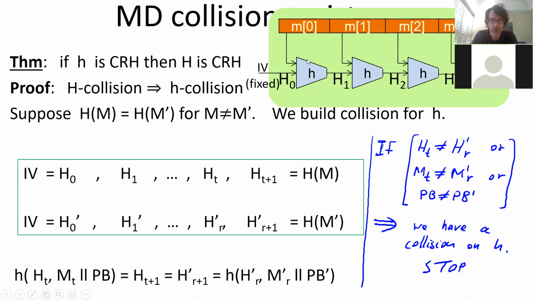Similarly here, how can you get collision resistance? If you want to hash just n plus 1 bits into n, you are guaranteed collisions. You have to have collisions.